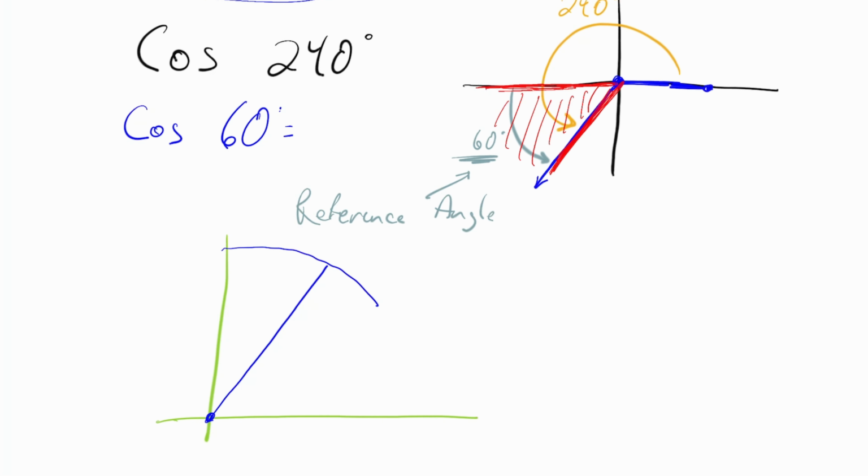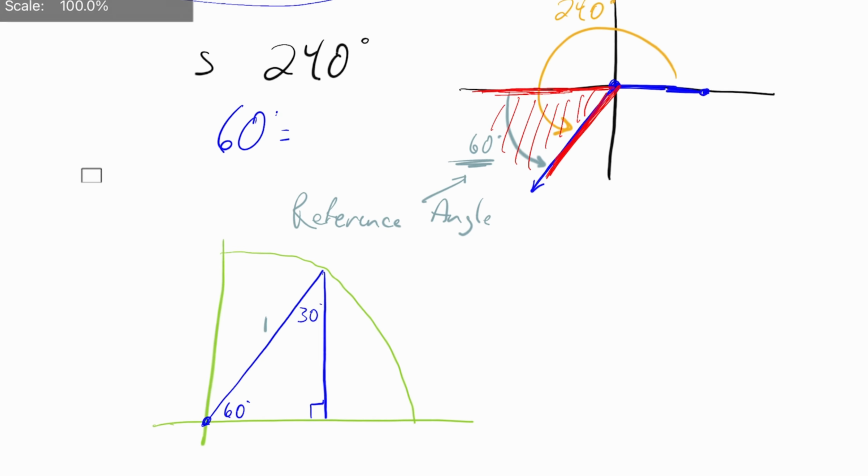Here's our unit circle, just the positive quadrant. And we've got our 60-degree angle here. So here's 60, here's 30. We know that this is equal to 1. What are the other two sides equal to? 1/2 and radical 3 over 2. Good. So the bottom one is going to be 1/2. This one is going to be radical 3 over 2.